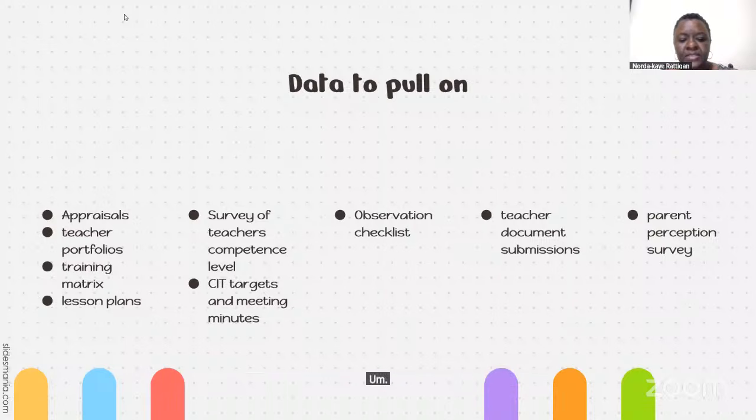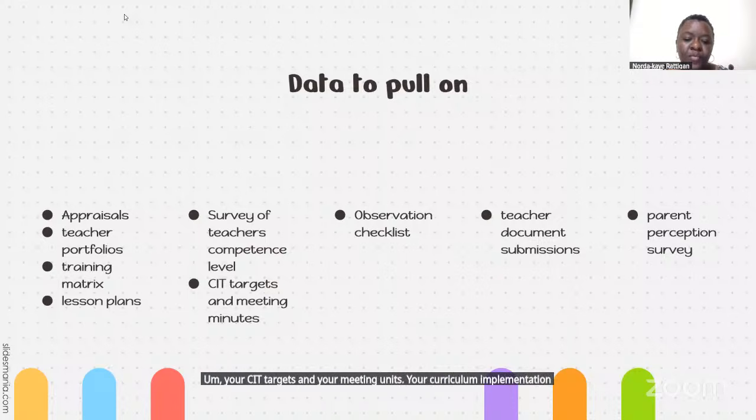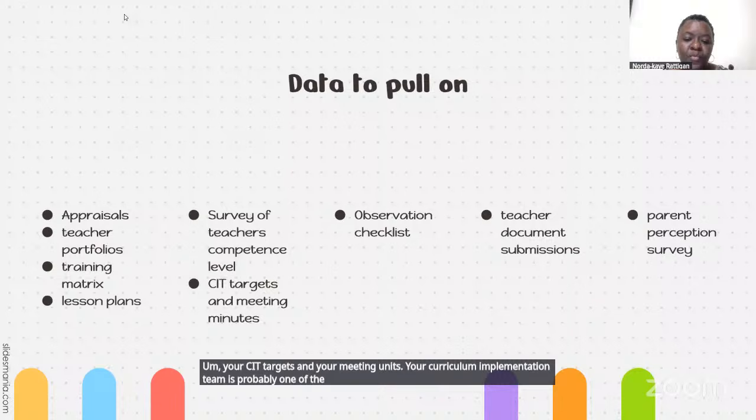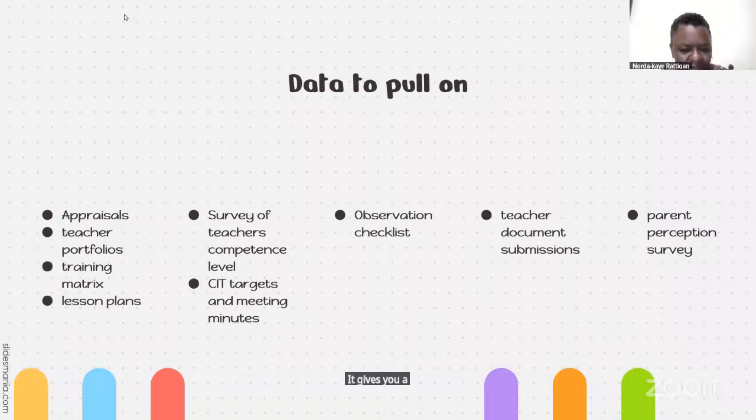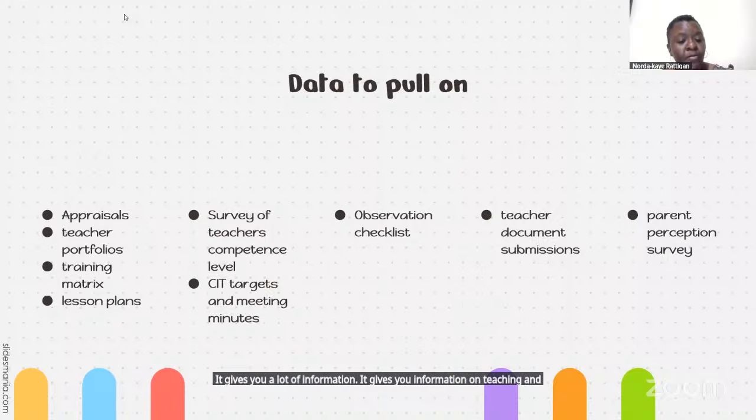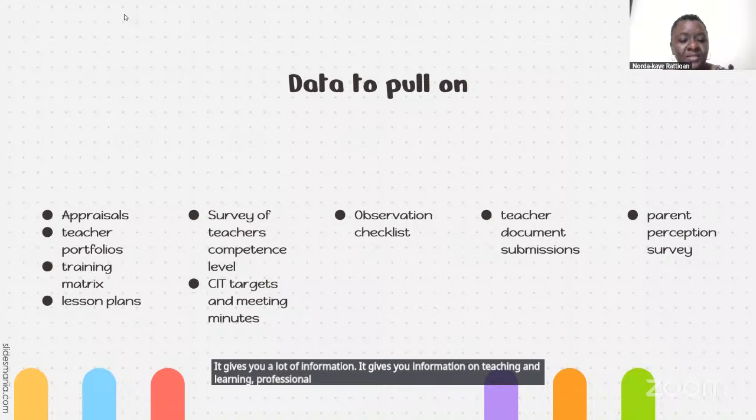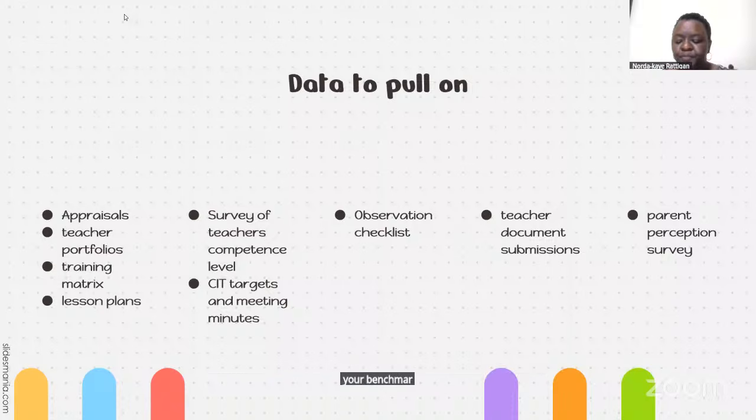Your CIT targets and your meeting minutes. Your curriculum implementation team is probably one of the most important tools that you have at hand in your school. It gives you a lot of information on teaching and learning, professional development, your curriculum coverage, your benchmarking, things like those.